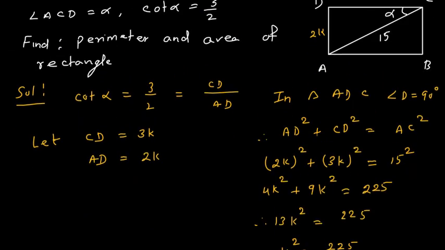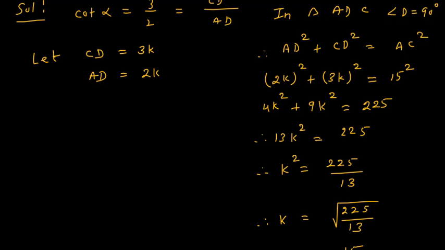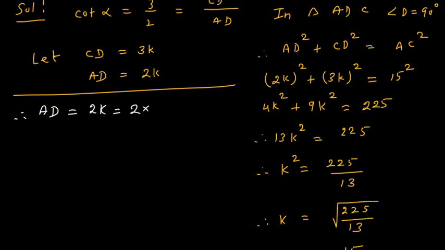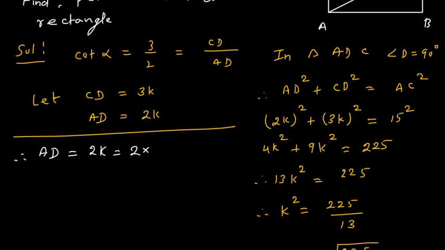Therefore the value of AD is equal to 2K, which is 2 into 15 upon root 13. So this is 30 upon root 13.